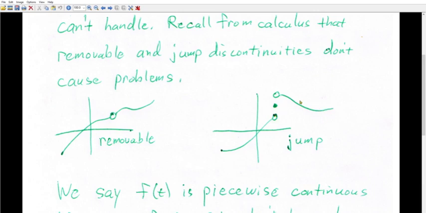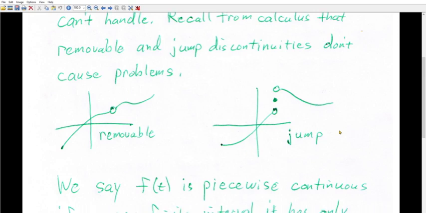You come in the other direction, it looks continuous, except it stops, and the two don't match. That's what's called a jump discontinuity. Now, if you run into either of these when you're doing definite integration, you're just fine. You break the integral at these points and do this integration, then that integration.